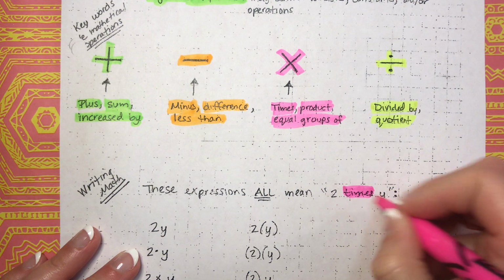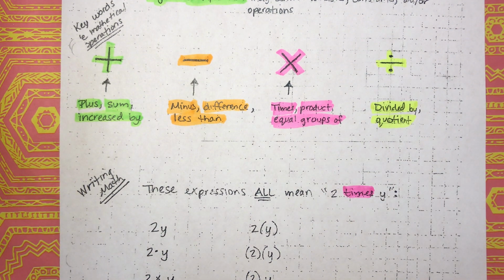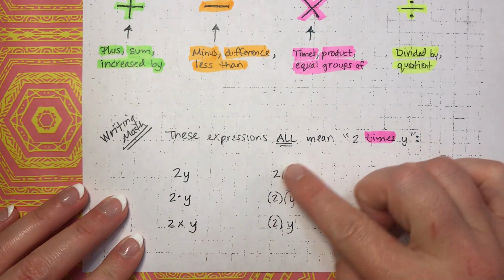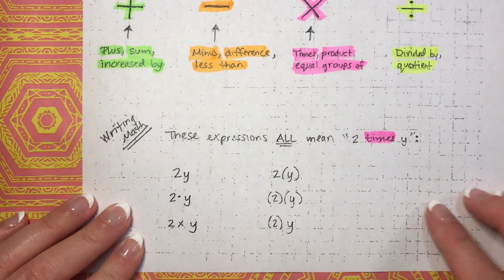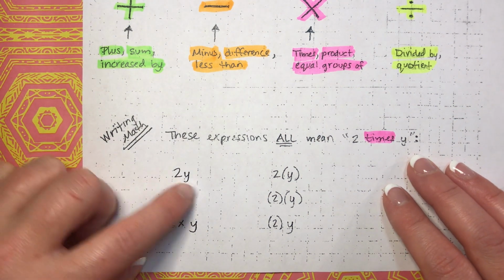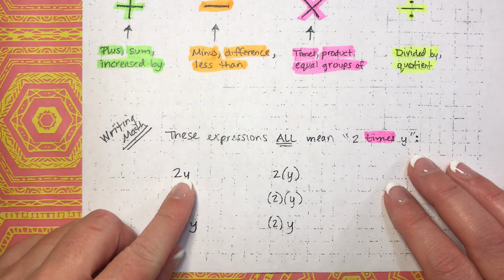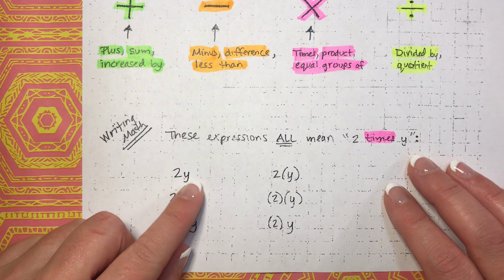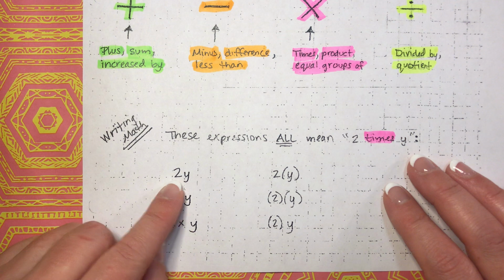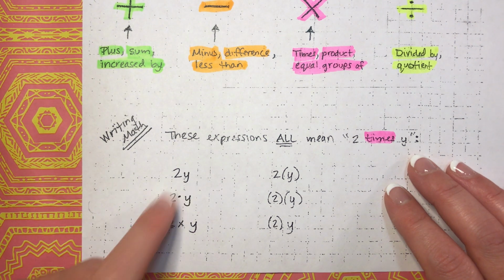There are 6 different ways to write 2 times y. We can write it just like this, 2y. Whenever there's a number very, very close to a variable like that, that means multiplication. There's nothing in between them, so it's implied that they're multiplied by each other. This is 2 times y.